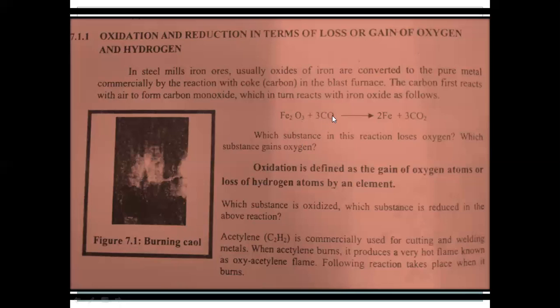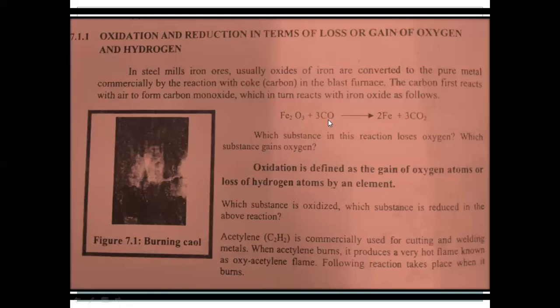Carbon monoxide is oxidized by gaining oxygen atom, and ferric oxide is reduced by losing oxygen atoms. And I told you oxidation is defined as gain of oxygen atoms or loss of hydrogen atoms by an element. Got it? So which substance is oxidized?